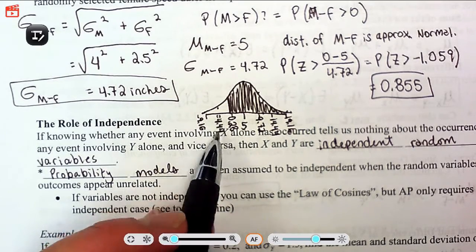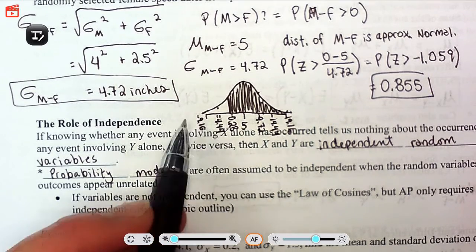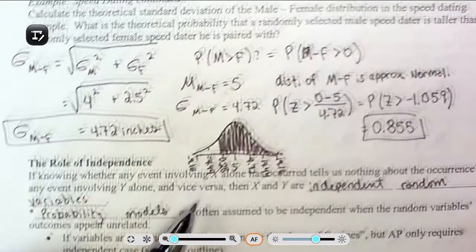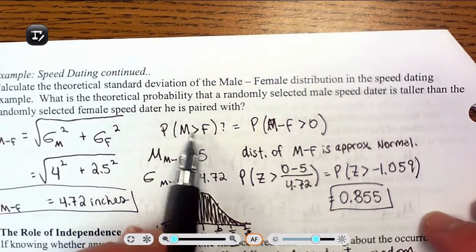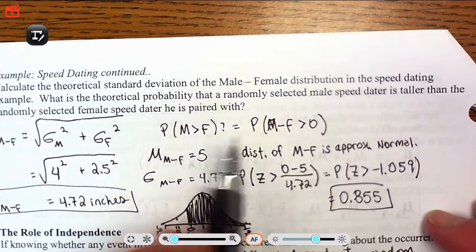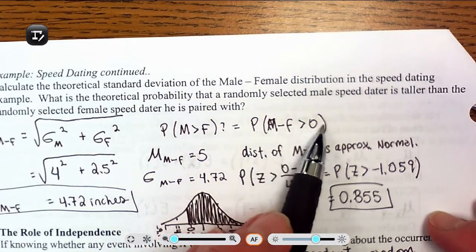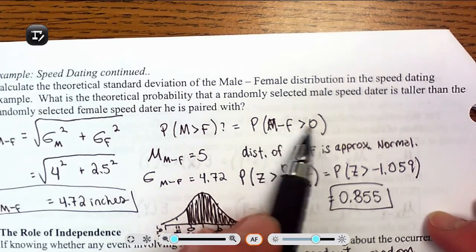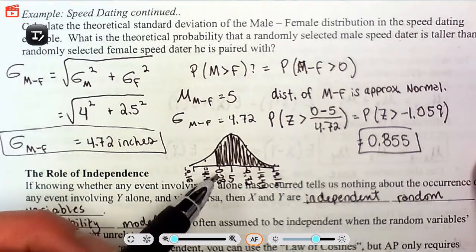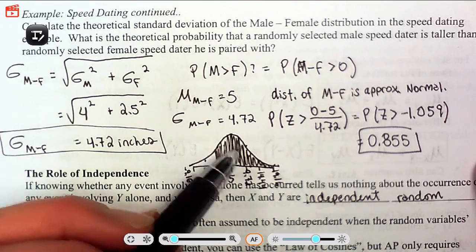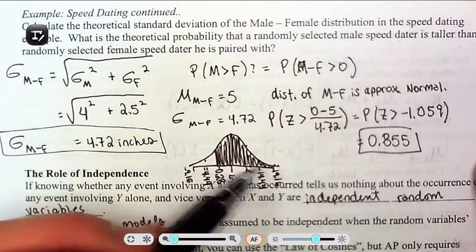This would mean that the female is taller by 4.44 or 9.16 inches. Okay, so what's the probability that the male is larger than the female? Therefore, what's the probability that the male minus the female is greater than 0? The difference is greater than 0. So all the times that the difference is greater than 0, the male is taller.